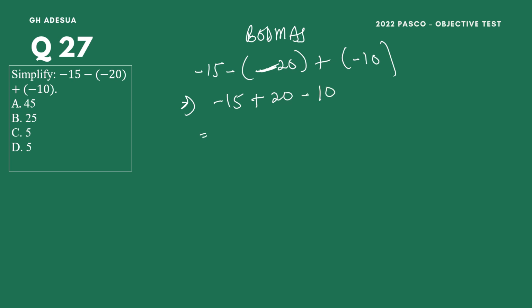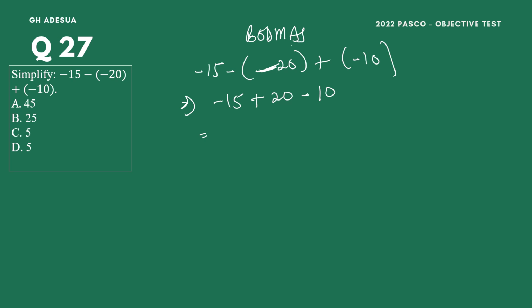When we simplify this, we now deal with the addition before the subtraction as per BODMAS. We have negative 15 plus 20. In this case, it's telling you that you borrowed 15 and then paid 20 off it.